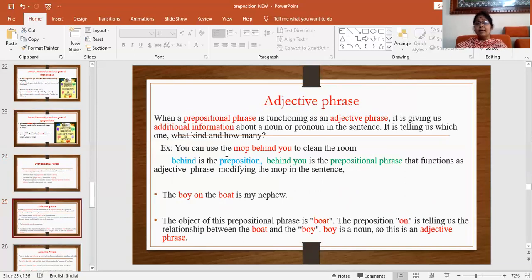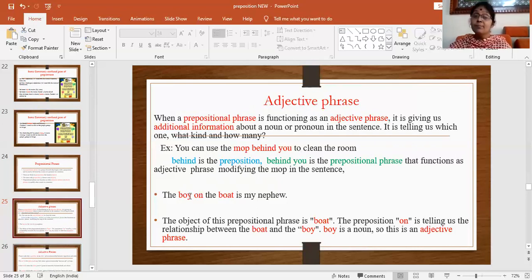Look at this example. You can use the mop behind you to clean the room. Now, in this sentence, behind is the preposition, right? Behind you is the prepositional phrase that functions as an adjective phrase, right? Modifying the mop in the sentence. So, it is called adjective phrase.